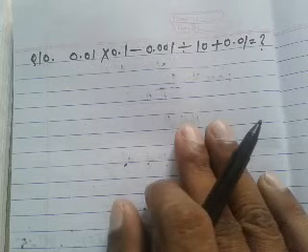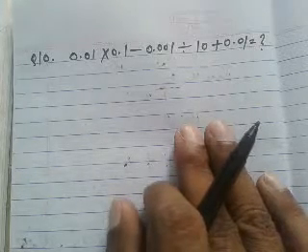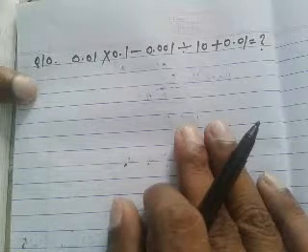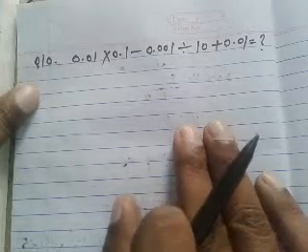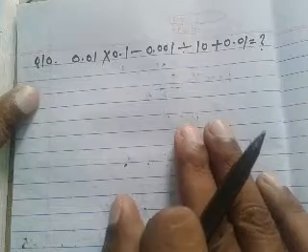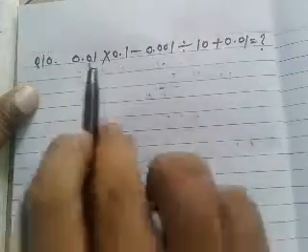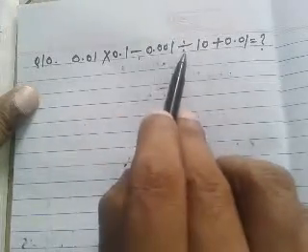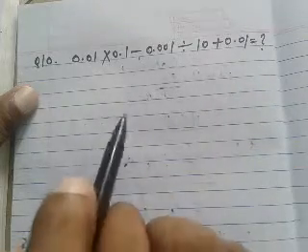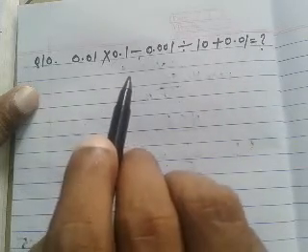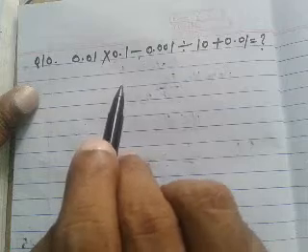So here, if you have more than one sign or more than one operation, multiplication, subtraction, division and addition, in this case always use the BODMAS rule.